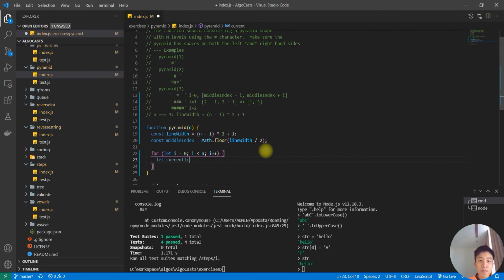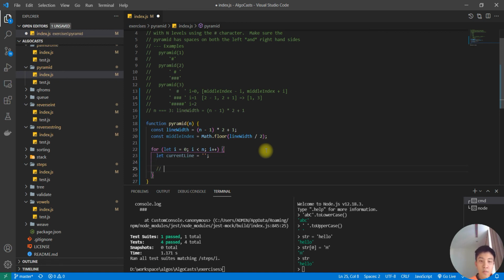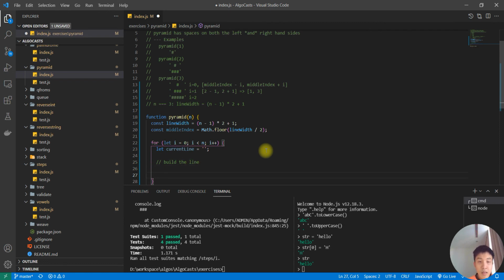Current line equal to an empty string. We have to build up the string, and finally build this line, and after that we'll print the current line.